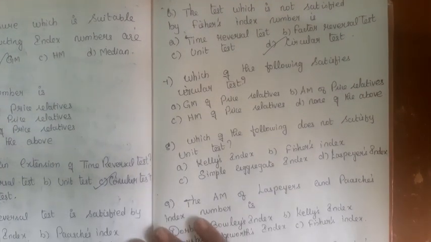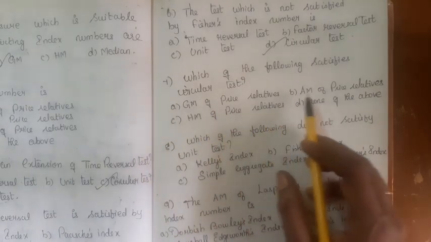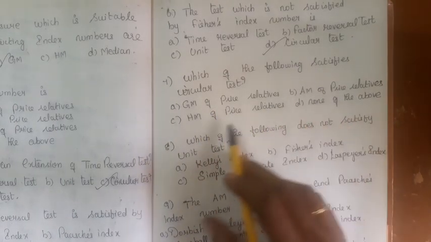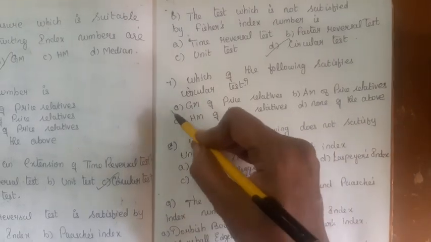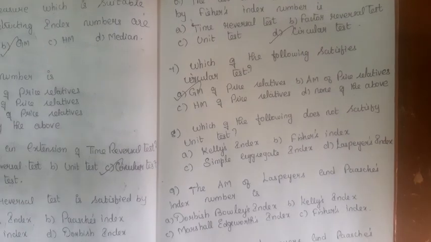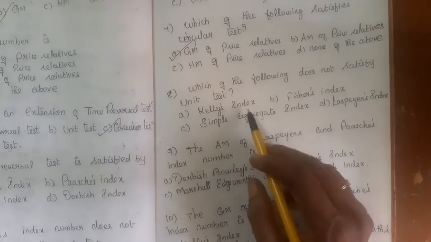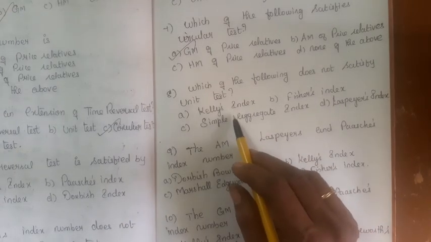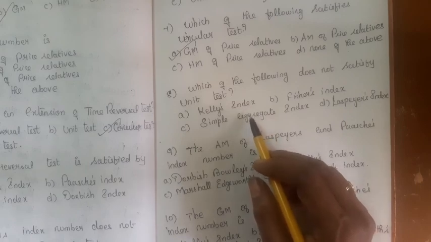Which of the following satisfies the circular test? Geometric mean of price relatives, arithmetic mean of price relatives, harmonic mean of price relatives, none of the above. Geometric mean of price relatives satisfies the circular test. Which of the following does not satisfy the unit test? We have seen that all indices except those which are computed using the simple aggregate method satisfy the unit test.